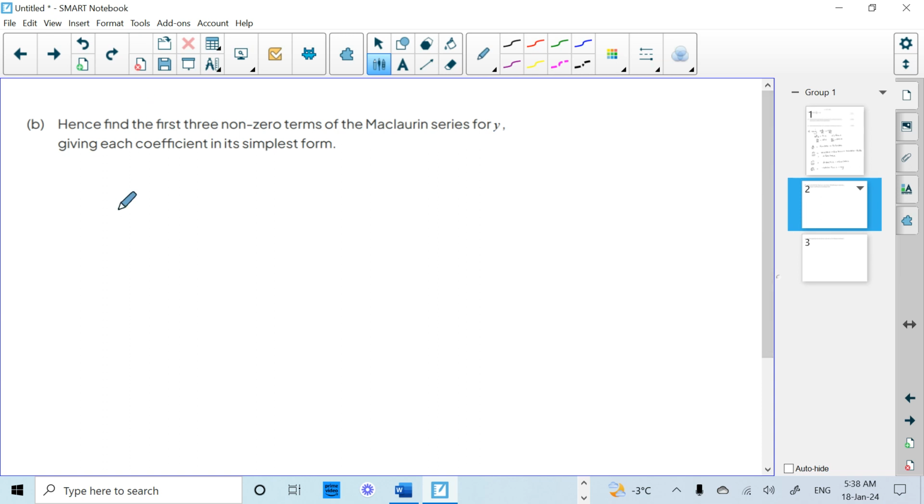So using the second derivative and using the formula booklet, and it's got to be equated to 0, that will give me the value of 2.